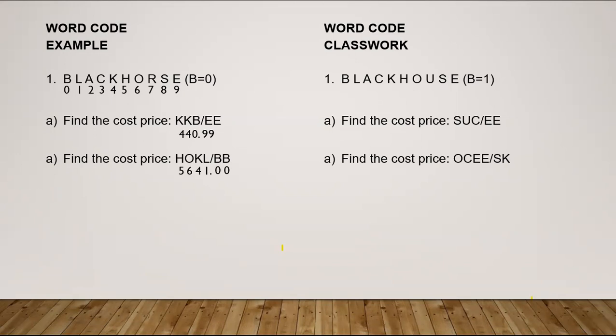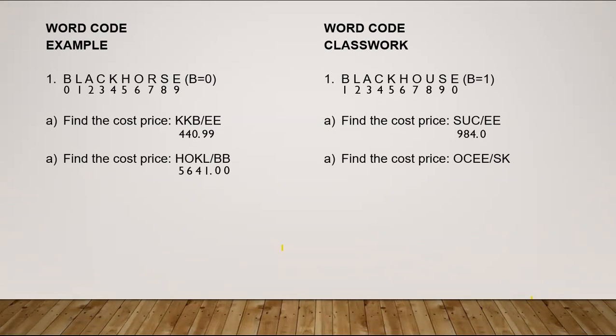Now, what if the first letter is 1, like in the classwork that I just gave you now, where B is 1? That means that you will count from 1 up to 9 and then start again from 0. So you'll have 1, 2, 3, 4, 5, 6, 7, 8, 9, and E will be 0. Okay, so if I have SUC, S is 9, U is 8, and C is 4, E will be 0, 0.